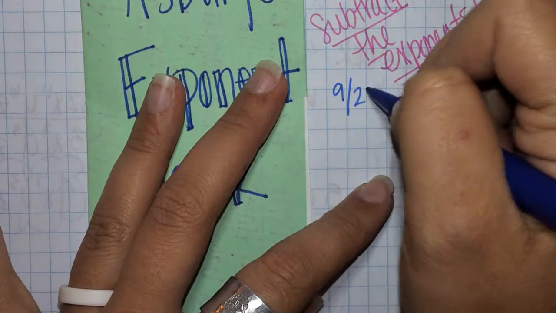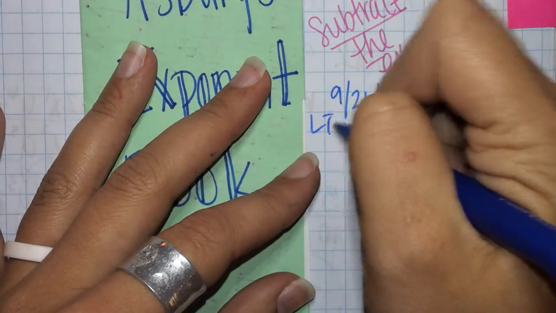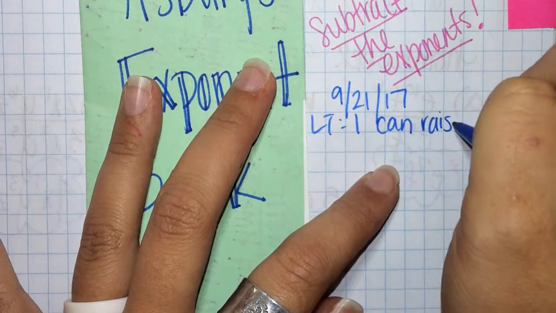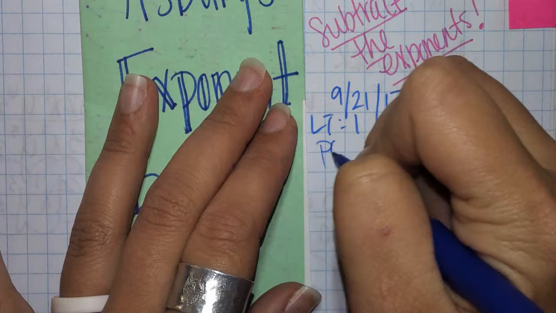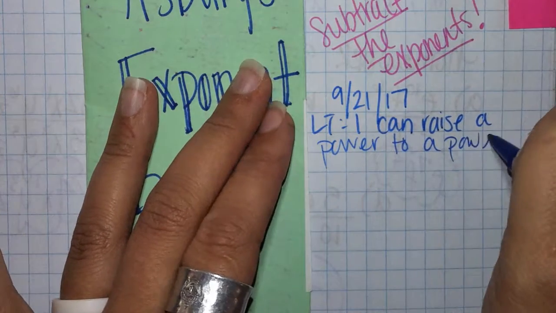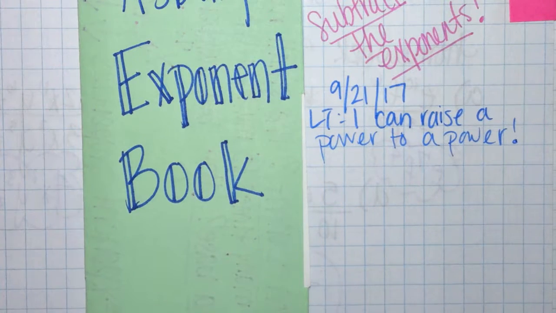Alright, so today is the 21st. Our learning target for today says, I can raise a power to a power. You should write this down.